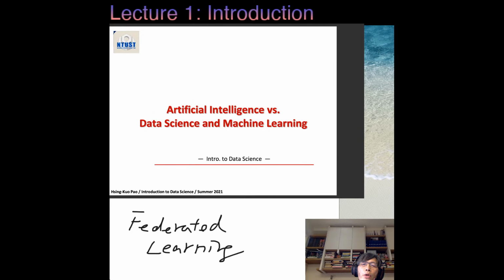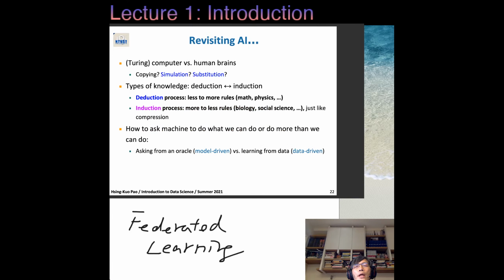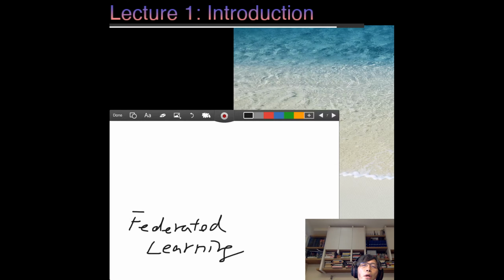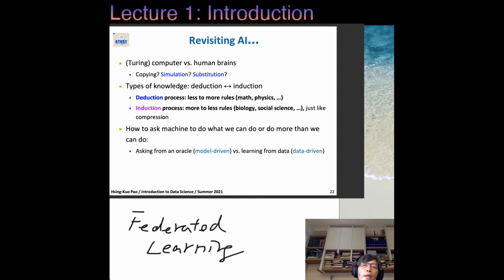Okay, so then we talk about artificial intelligence and data science, or maybe artificial intelligence and machine learning. If we talk about artificial intelligence, it consists of, roughly, deduction and induction; both are important.